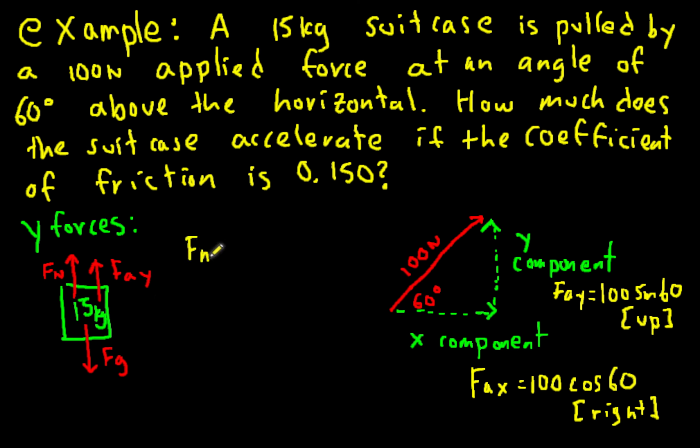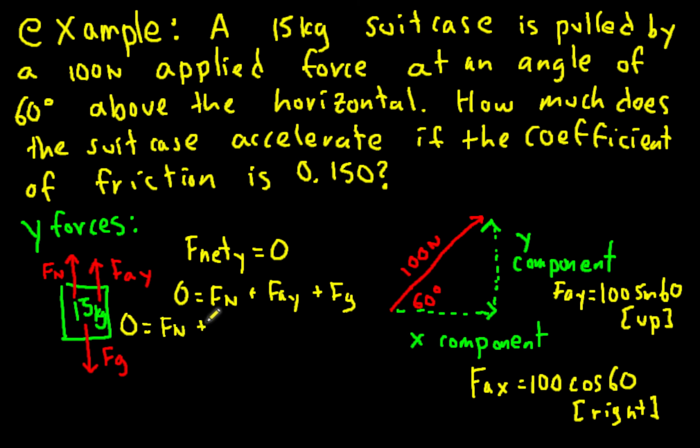Now we know that the net force in the y direction has to be 0 because the suitcase isn't sliding through the floor or floating up. So 0 equals normal force plus FAY plus FG, the combination of all vertical forces. 0 equals Fn plus 100 sin 60, which is FAY, plus 15, which is the mass, times negative 9.81, which is the acceleration due to gravity.